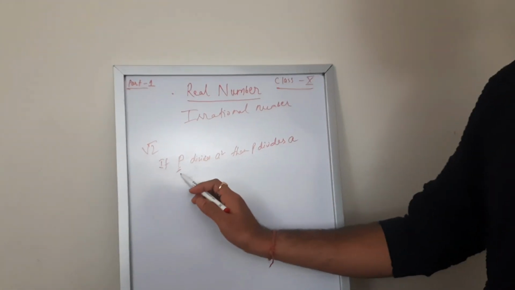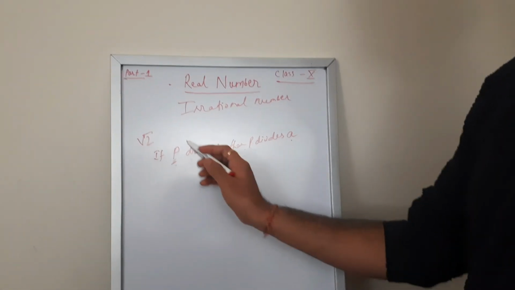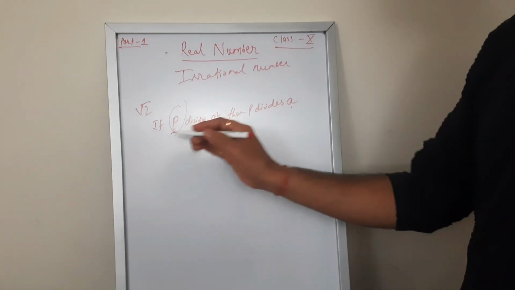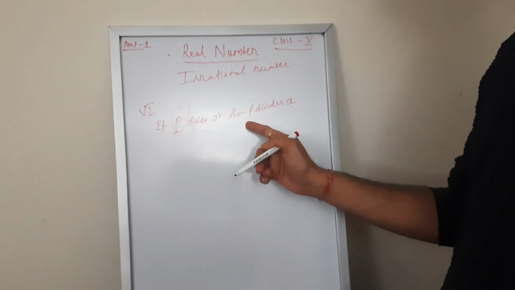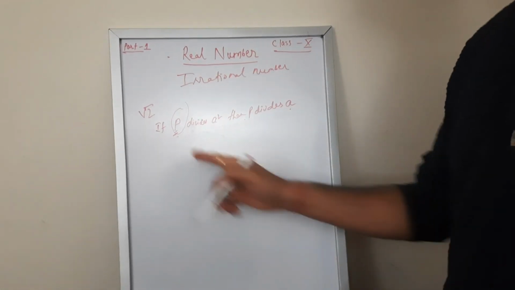Clear? So if p divides a square, then p divides a, where p is a prime number. So let's prove this. Once we prove this, we can use this theorem to prove root 2 is an irrational number.